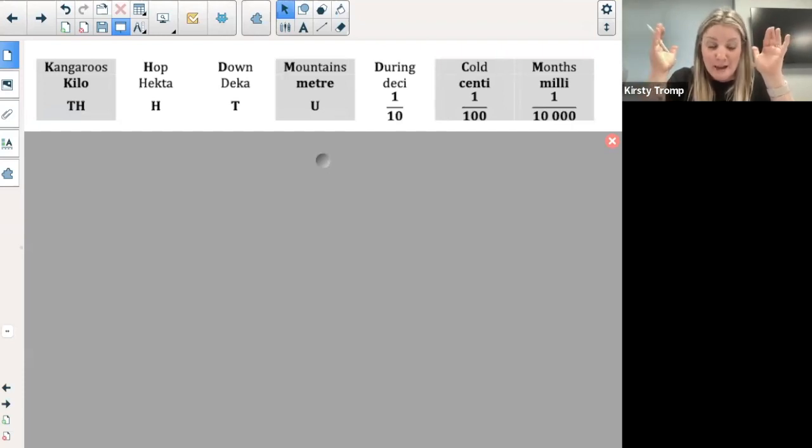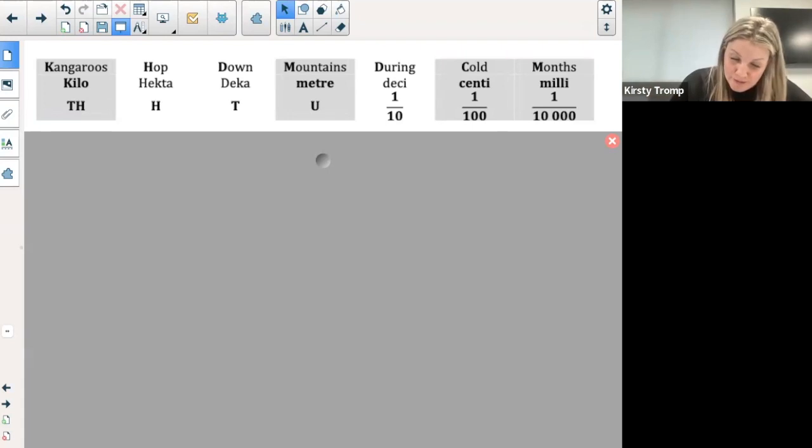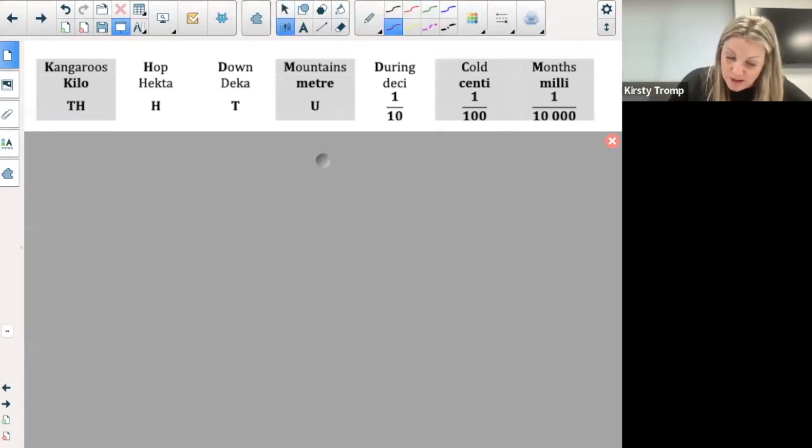If we're starting with kangaroos, kangaroos start with kilo, in other words, kilometers. Hop stands for hectometers.